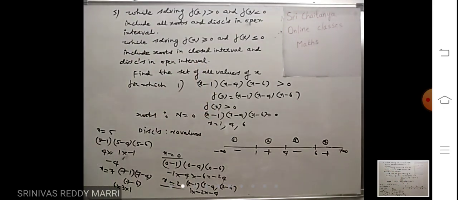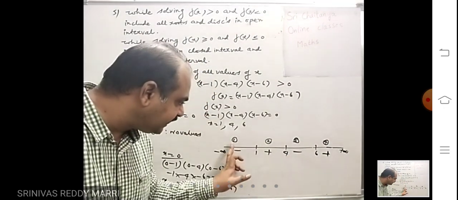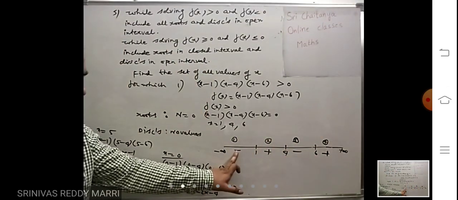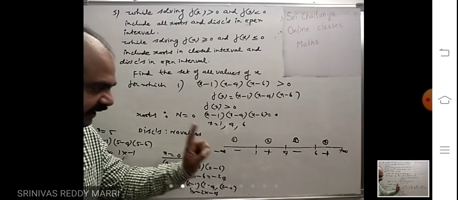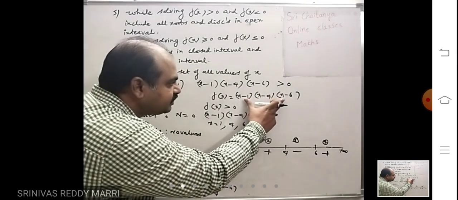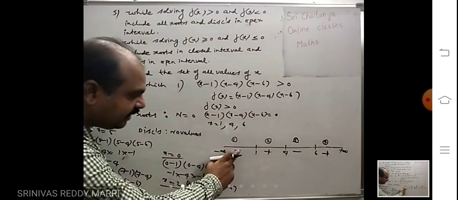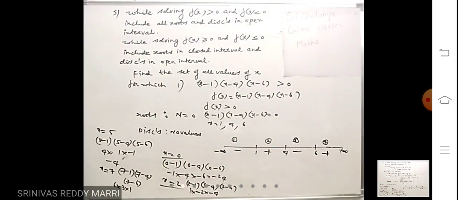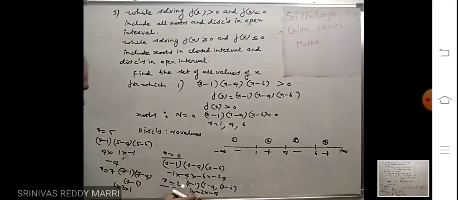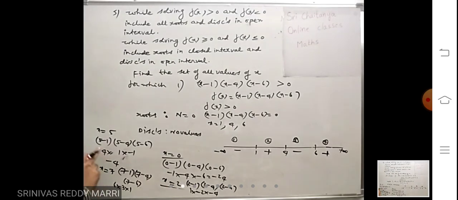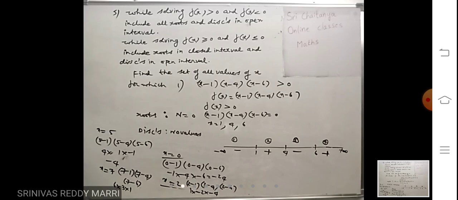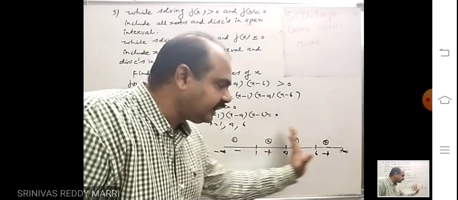If you mark 1, 4, 6, you get the intervals: first, second, third, fourth. In each interval, take one x value and substitute it in f of x to check the sign. I substituted x equal to 0 and got negative. In 1 to 4, I substituted 2 and got positive. In 4 to 6, I substituted 5 and got negative. In 6 to infinity, I substituted 7 and got positive. Now, give the sign in every interval.